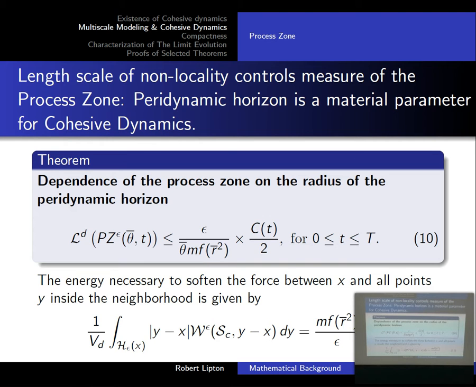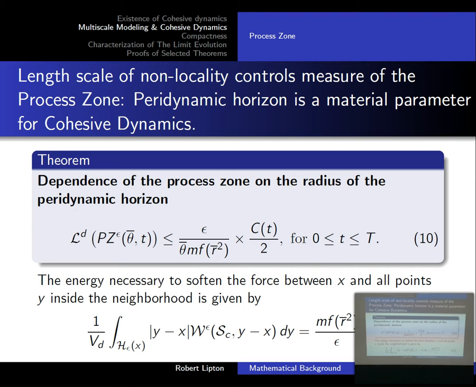And the answer is it actually depends on the radius of the peridynamic horizon. That is, the Lebesgue measure of this process zone, the set of x's, is bounded above by the peridynamic horizon multiplied by a constant that only depends upon the energy at time t put into the system.